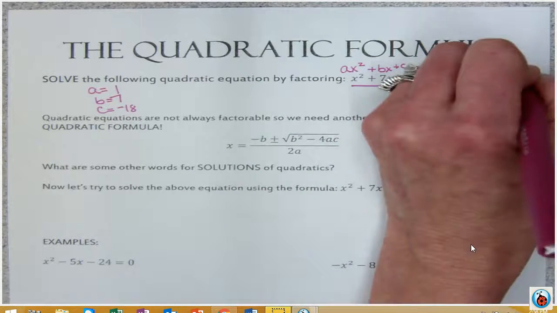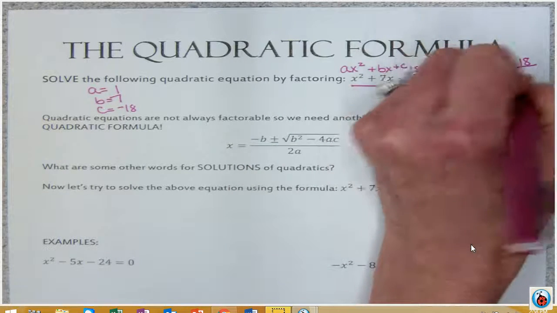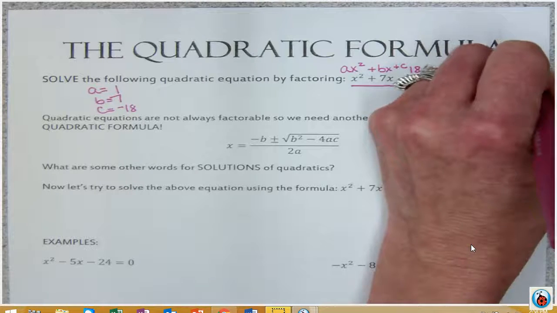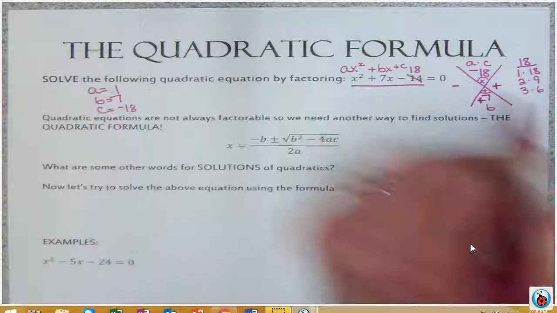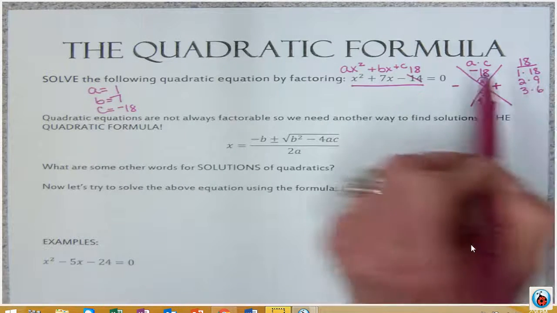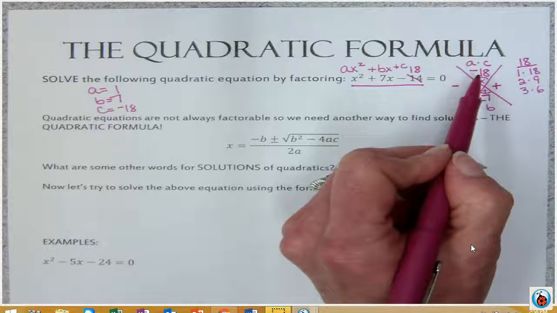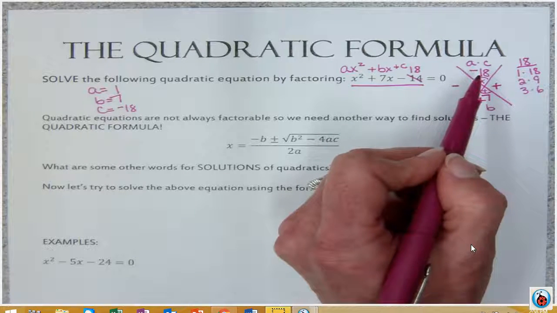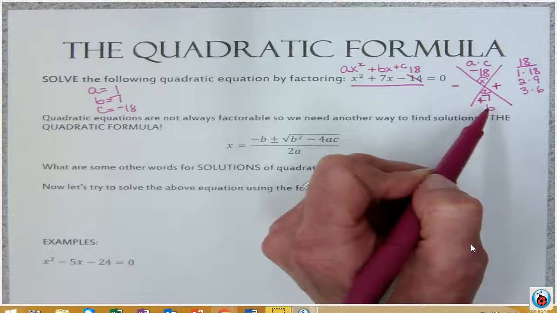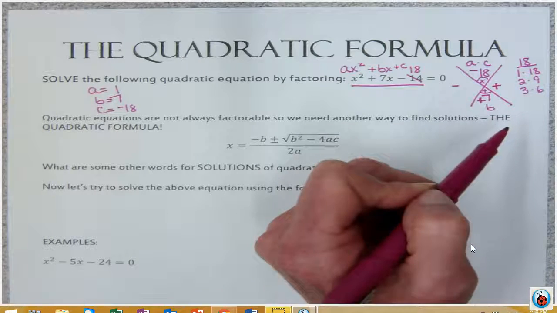So we ask ourselves, what numbers multiply to give us 18? We've got 1 and 18, 2 and 9, 3 and 6. So of these factors, if one of them is a negative, they multiply to give us negative 18. Which of those would add to give us 7 if one was positive and one was negative?